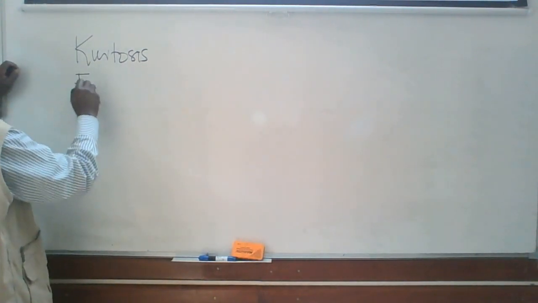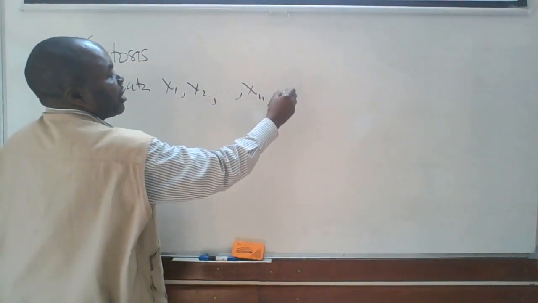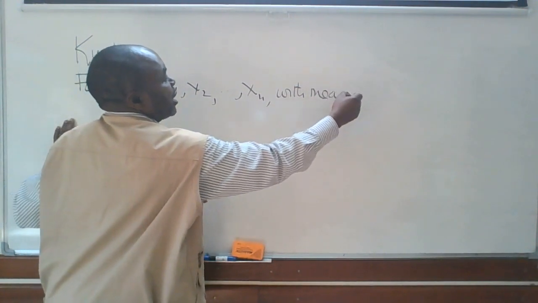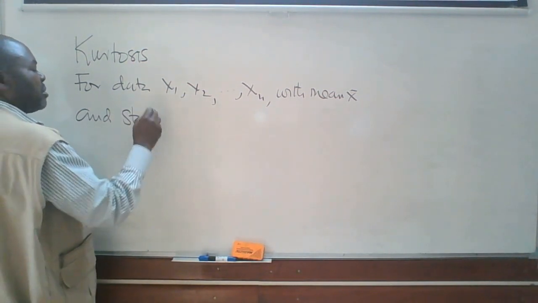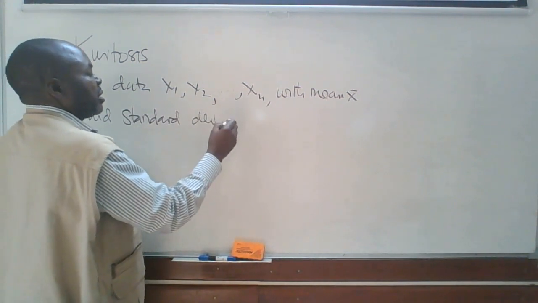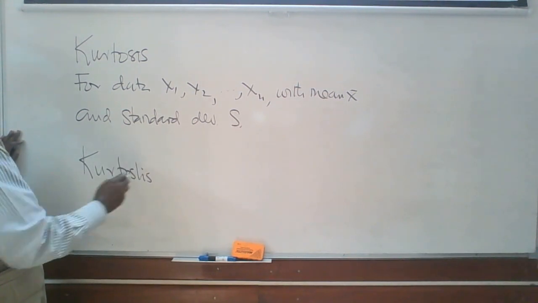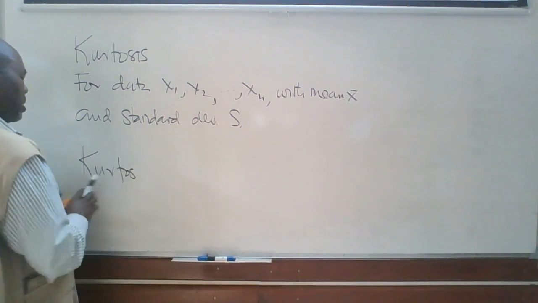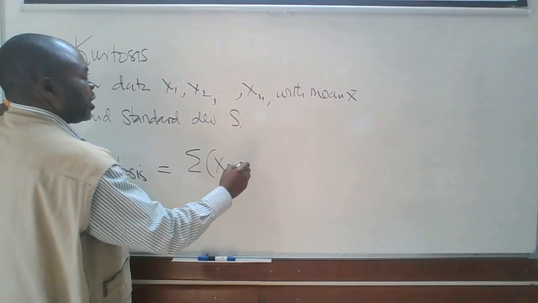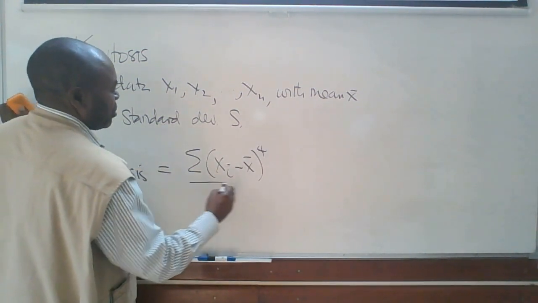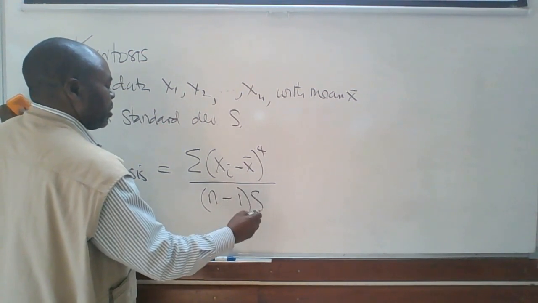For the data x1, x2, up to xn with mean x bar and standard deviation s, kurtosis is equal to the summation of xi minus x bar to the power 4, divided by n minus 1 multiplied by s to the power 4.